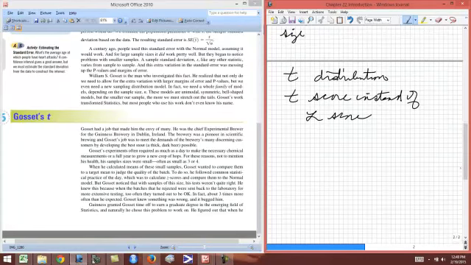Which distribution you have is based on the degrees of freedom, which is simply n minus 1. So you take your sample size and subtract 1 from it, and that's the number of degrees of freedom that you have, and that's the t distribution. N minus 1 gives you your t distribution.